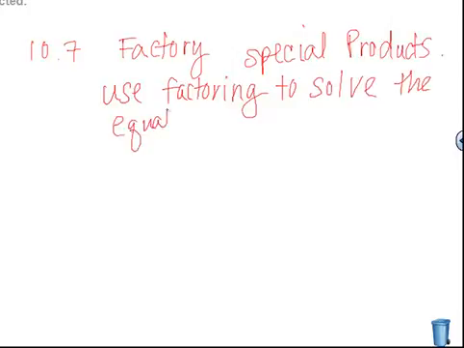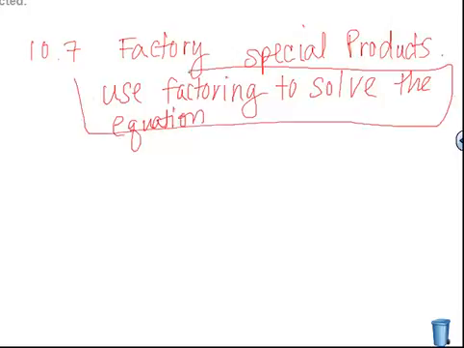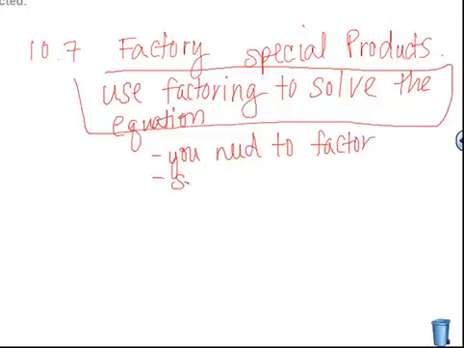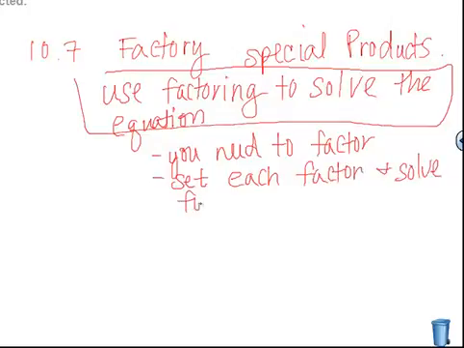What I wanted you guys to get out of this chapter, and these are the directions, and what this means is, once again, you need to factor. Okay, and then once again, set each factor equal to 0, and solve for the variables.